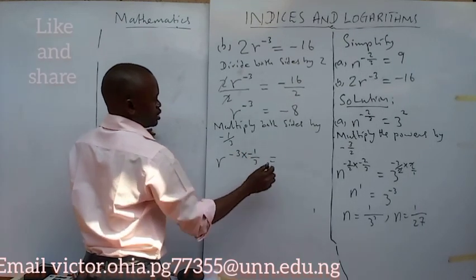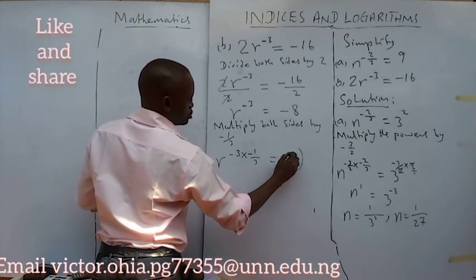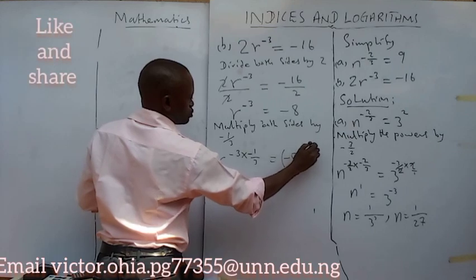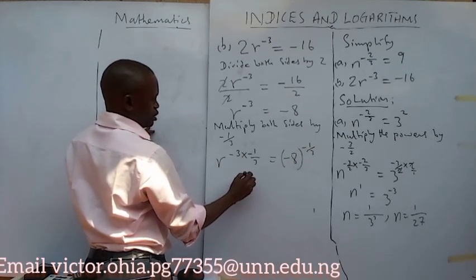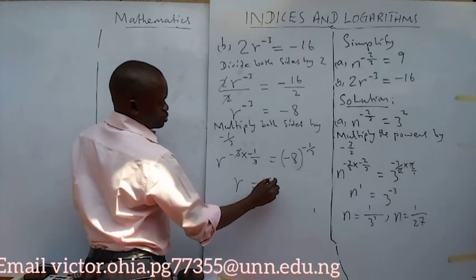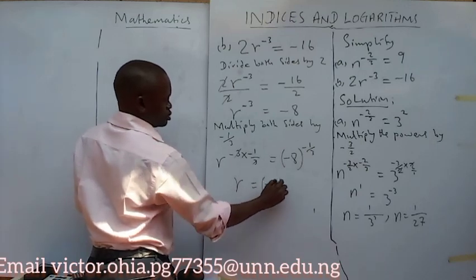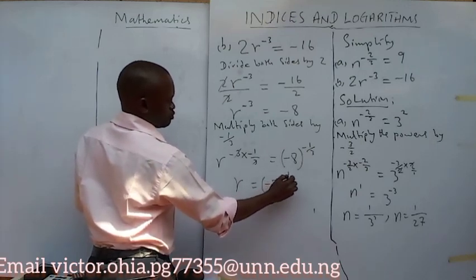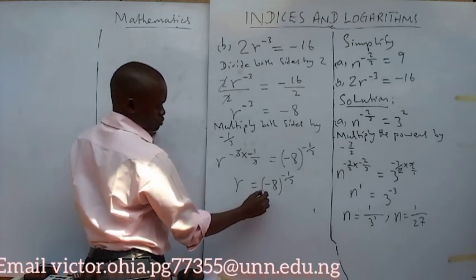The right hand side will do the same thing: we'll have minus 8 to power minus 1 over 3. So here will remain r, because this will take away this. What do we have left here? Minus 8 to power minus 1 over 3.